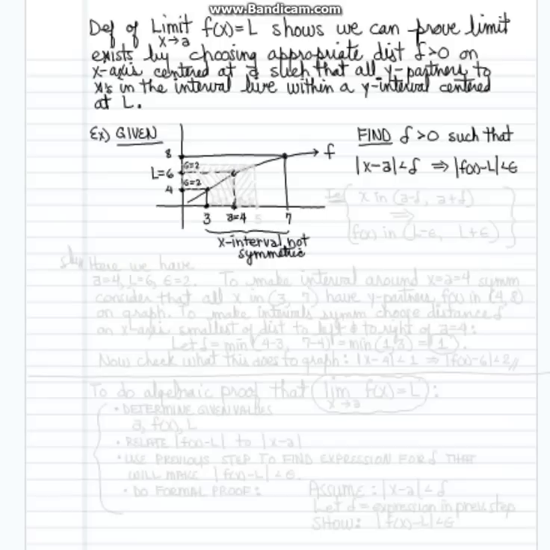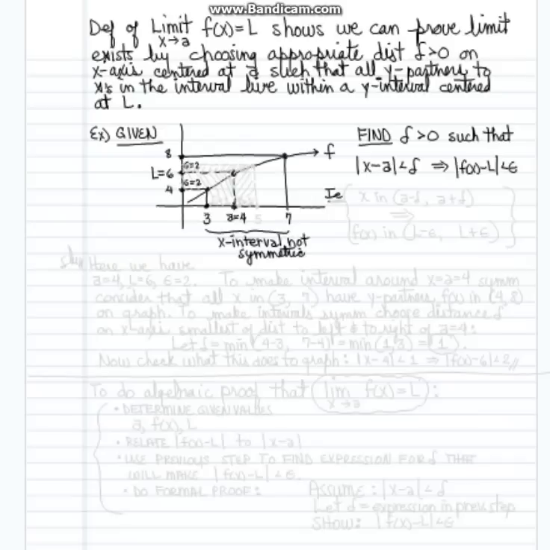Specifically, they ask us to find some positive distance delta such that the absolute value of x minus a is smaller than the delta that we find would imply that the absolute value of f of x minus L is smaller than the epsilon. Okay, what does it mean to say these absolute values of these differences is smaller than a number?